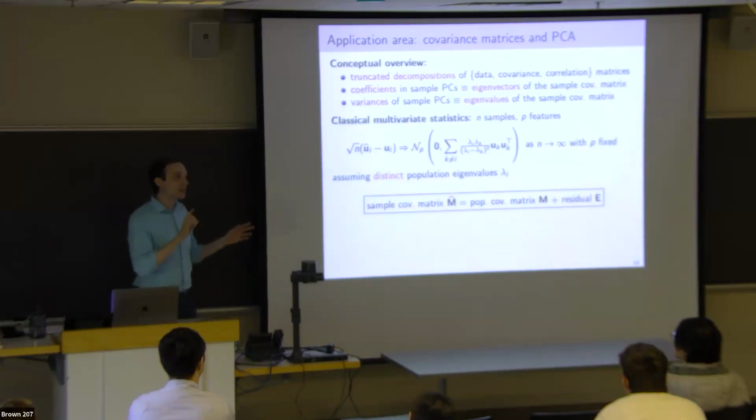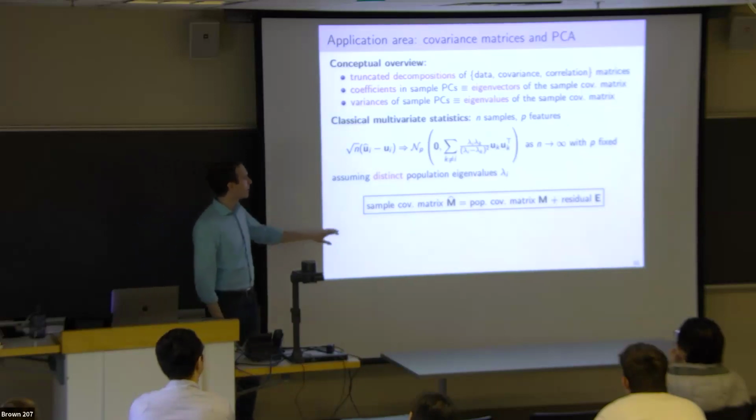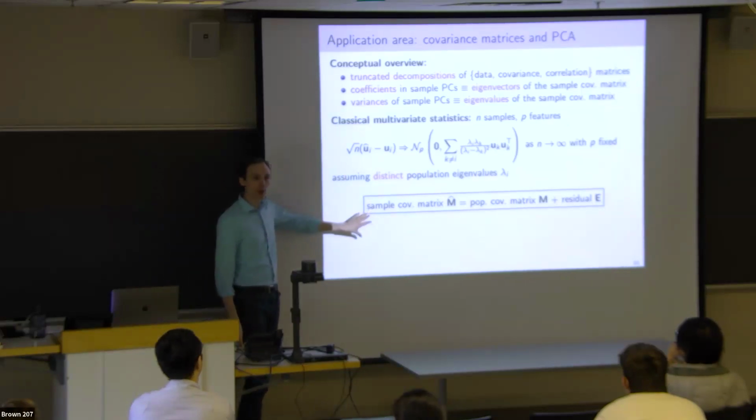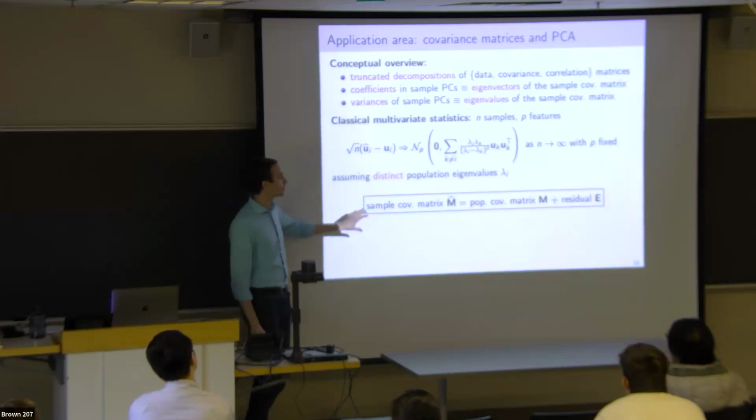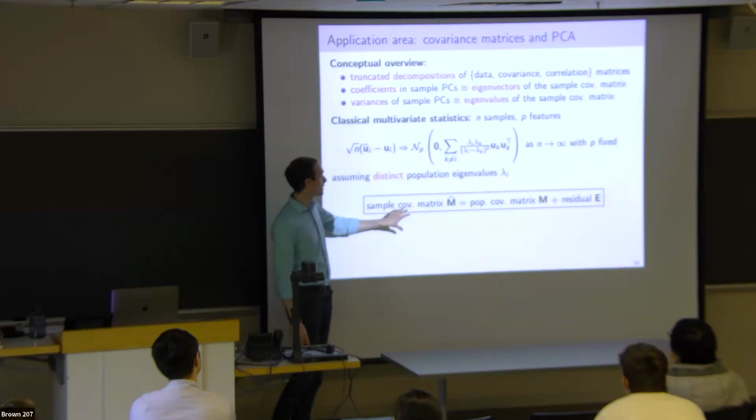The ideas in this talk can be and have been applied to covariance matrix type problems. I won't talk about them in detail, but I wanted to give just one slide to mention that this is the case.